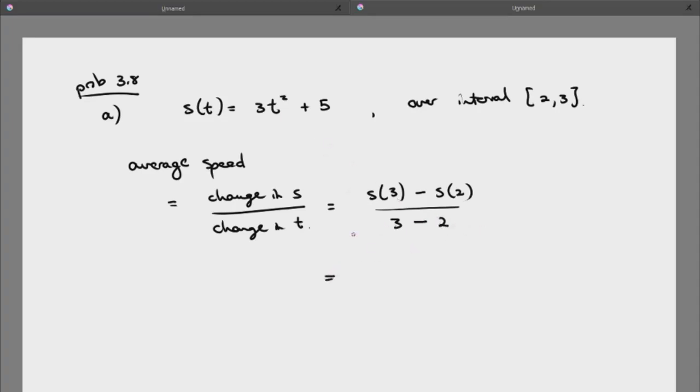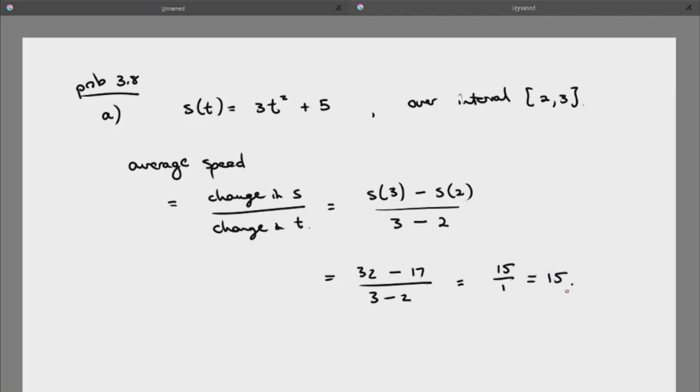And then you plug a 3 into your calculator or do it in your head. I think we do it in our head maybe. Plug in 3, I get 3 squared, that's 9, times 3 is 27, plus 5 is 32. Plug in 2, that t squared is 4, times 3 is 12, plus 5 is 17. I'll leave the 3 minus 2 until we're done. So I get 15 over 1, so 15.